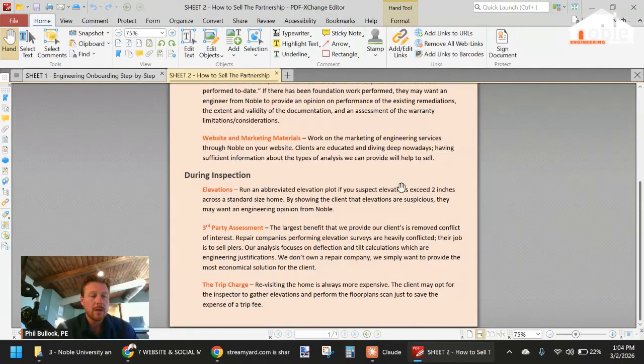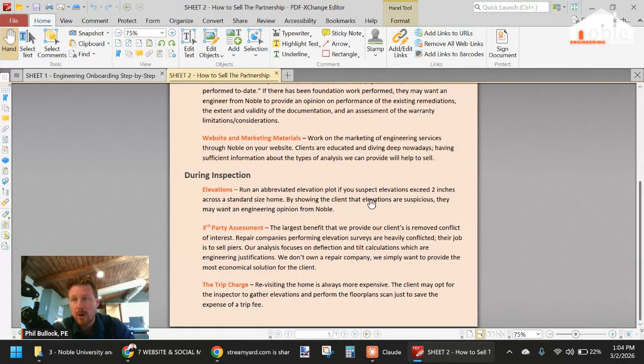During the inspection is obviously a great time to sell the foundation stuff too. A lot of times if you bring your zip level in the home and you shoot a few elevations, particularly if there's a foundation problem, by feeling it, by walking it, or seeing tons of visual clues, you got brick falling off the wall outside, or huge cracks that are an inch wide, or tile cracks in the floor, then you should be bringing that up to the client and letting them know, hey, your elevations are off by about 2 inches.